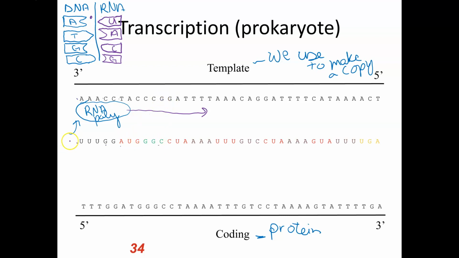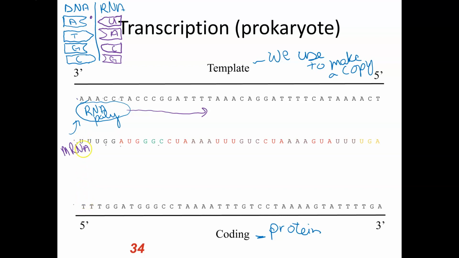So what you can now look at is the mRNA, right? And I want you to look at this and compare it to our coding strand. The difference is anywhere you see a T in DNA, you'll have a U in RNA.